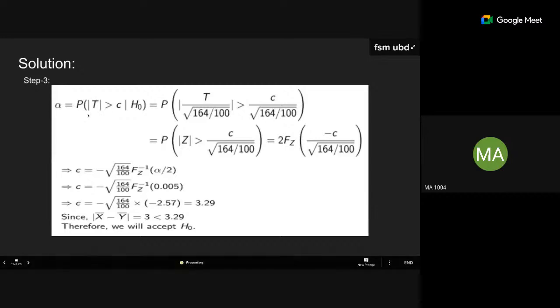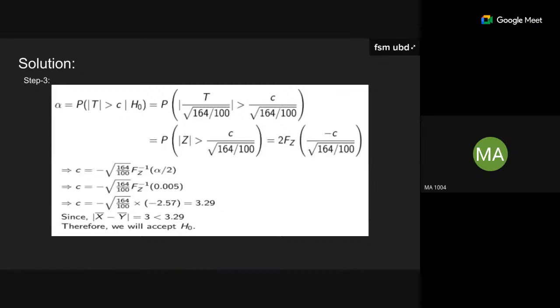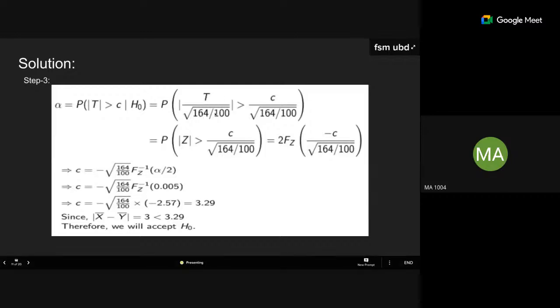In order to convert into standard normal, I have to subtract the expected value of t and divide by the square root of the variance of t. Expected value of t is 0, the square root of the variance will be 164 by 100, and I will do it on both sides. Then it will be mod z greater than c by root over 164 by 100. So t minus 0 is t only, and c minus 0 is c only.